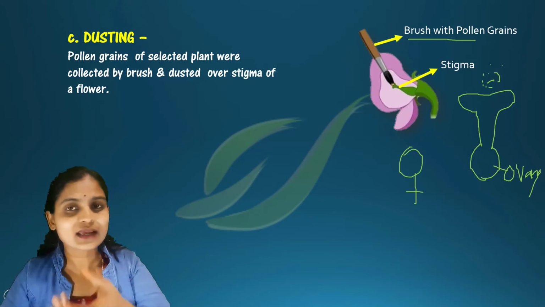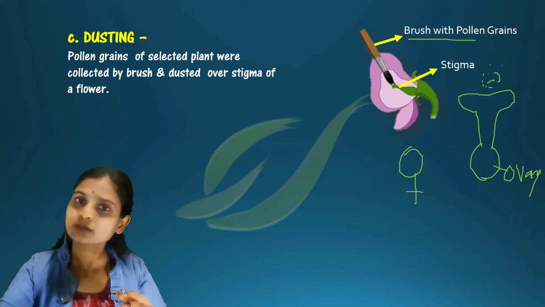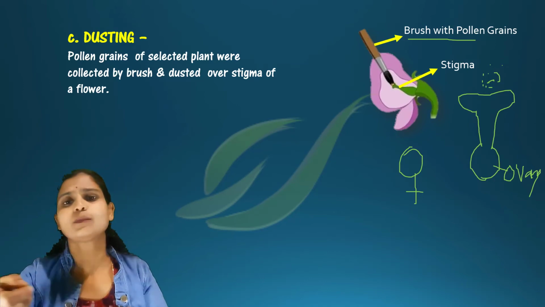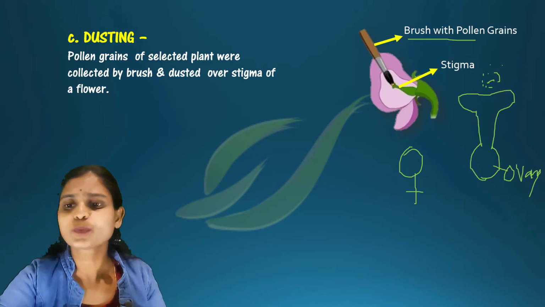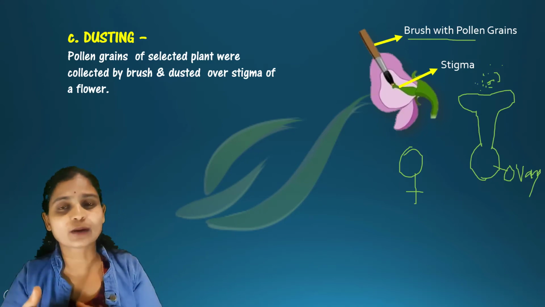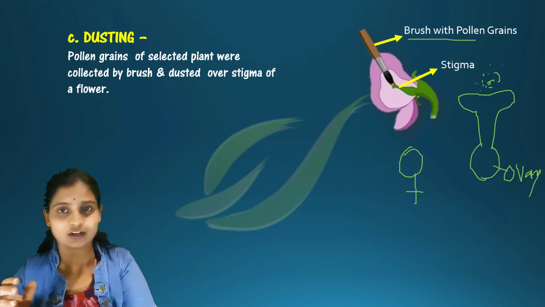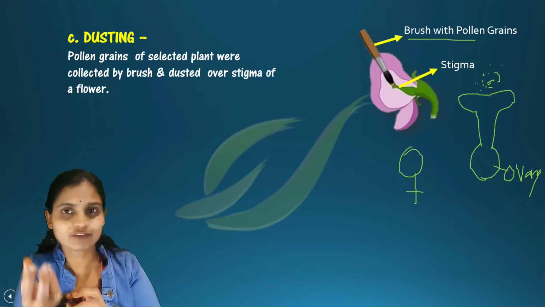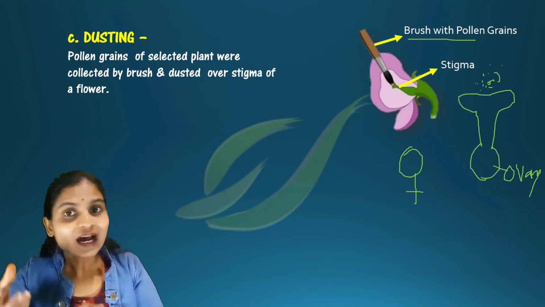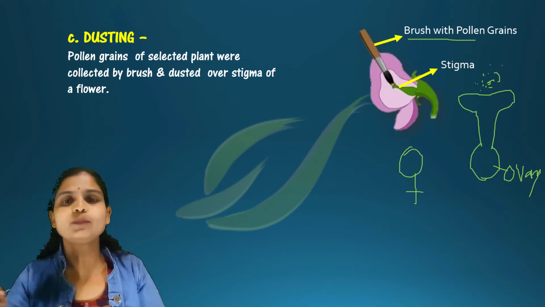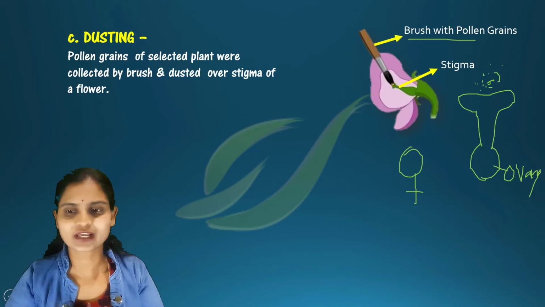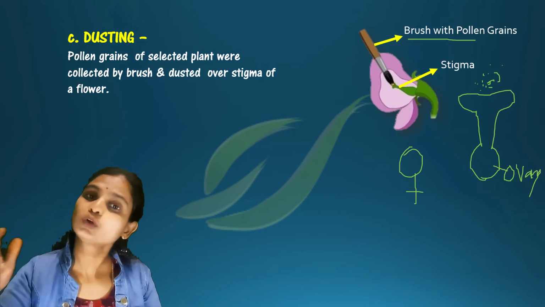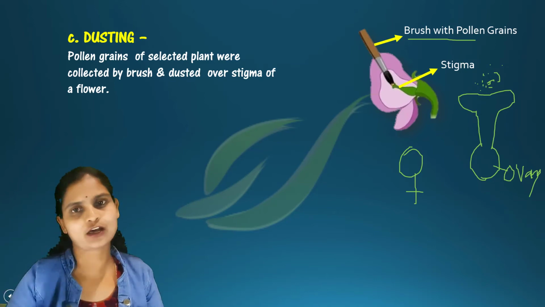They have collected the pollen grains from the dwarf plant's flower with the help of the brush and deposit them on the stigma of the tall plant flower.